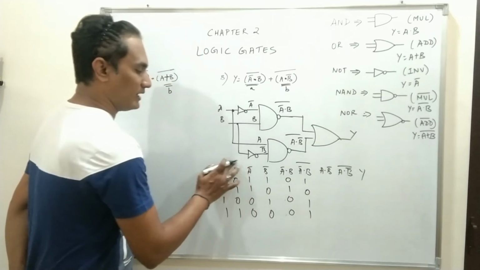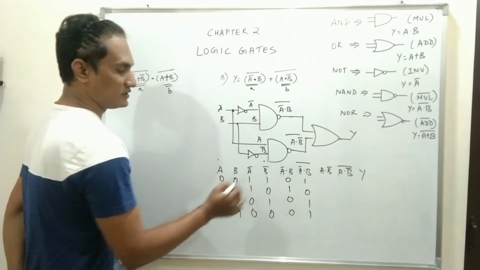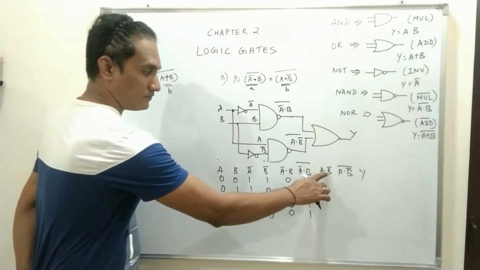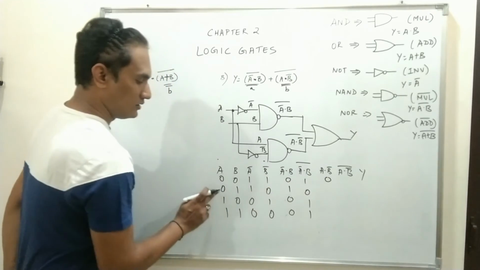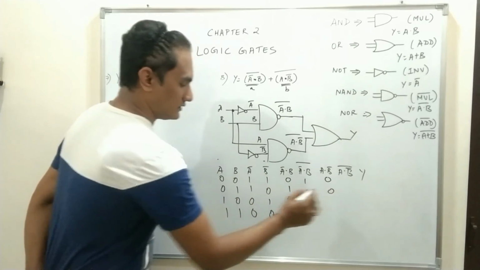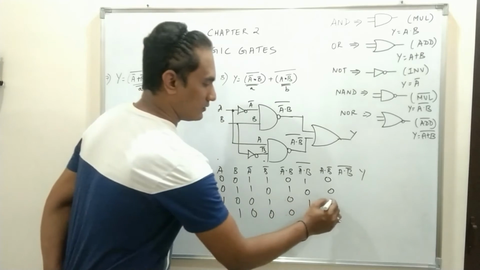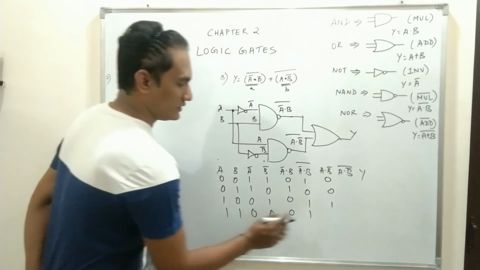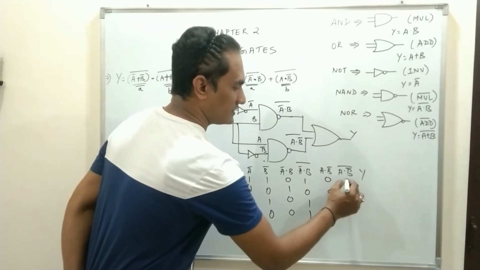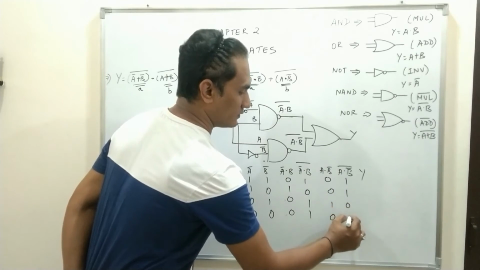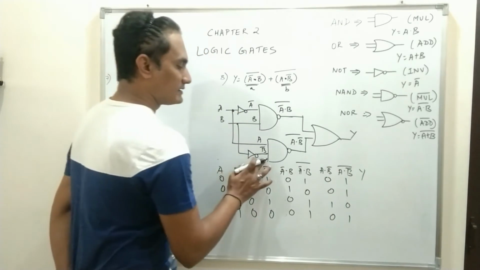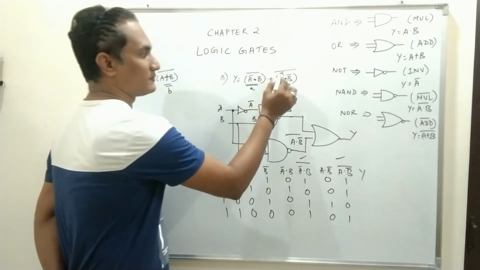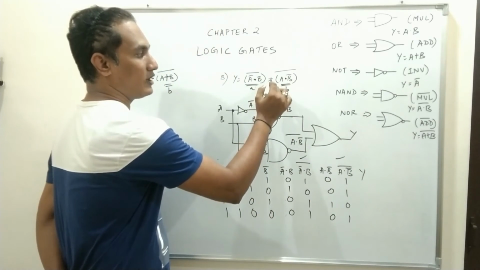Similarly, A dot B bar, between these two columns you have to apply AND logic. 0 into 1 is 0, 0 into 0 is 0, 1 into 1 is 1, 1 into 0 is 0. Complement of this is 1 1 0 1. And last, what is Y? Y is these two expressions connected by OR logic.